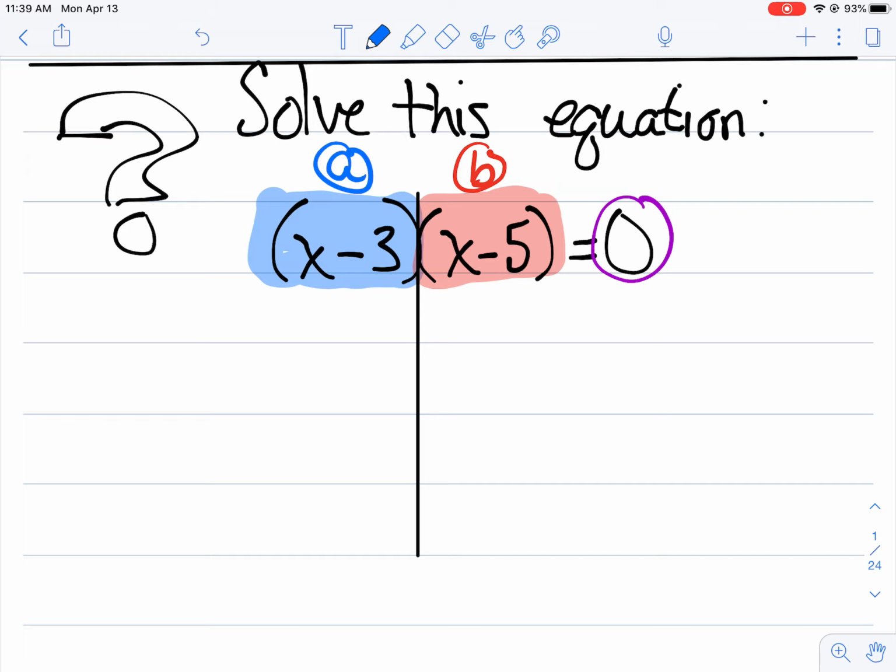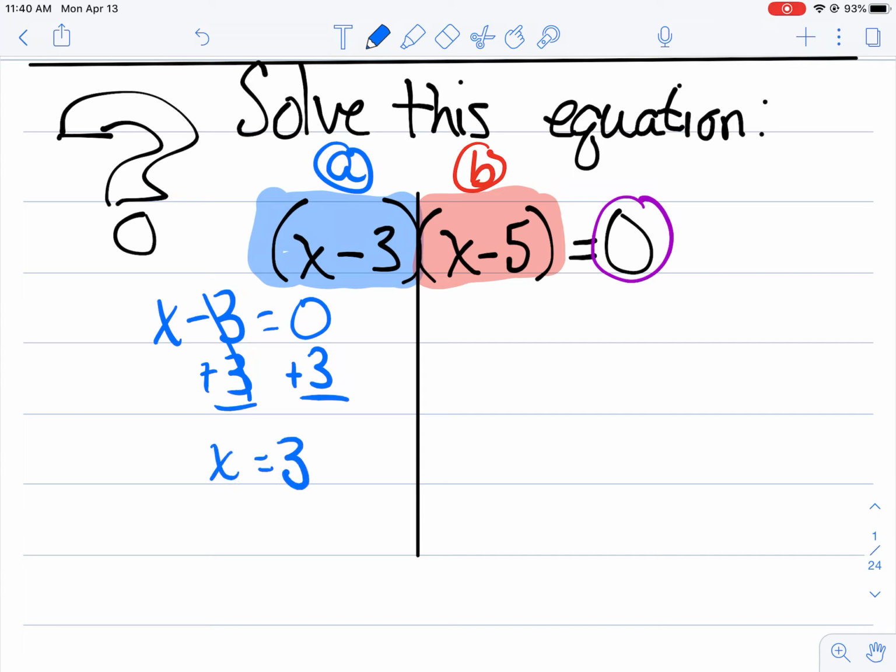I'm going to take the blue group, x minus 3, and set it equal to 0. Then solve for x: add 3 to each side, and I get x equals 3. Let's check that for just a second. If I plug in 3 for x in both groups, I have 3 minus 3 in the first group and 3 minus 5 in the second group.